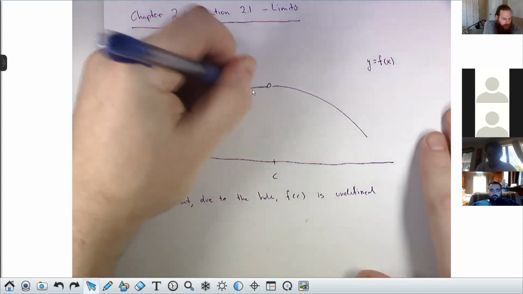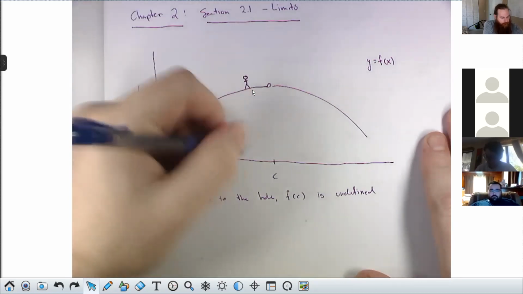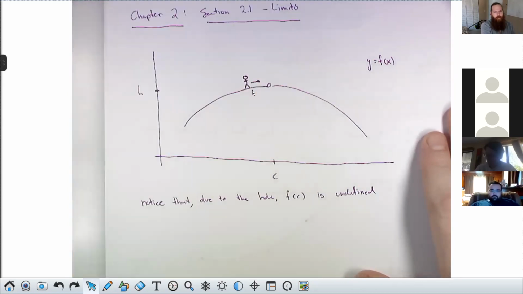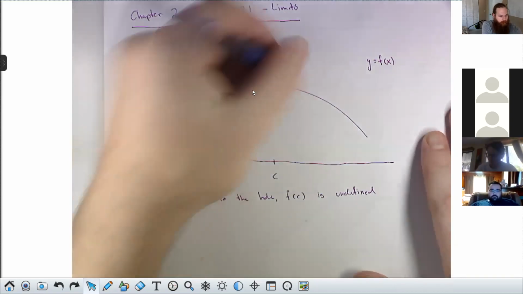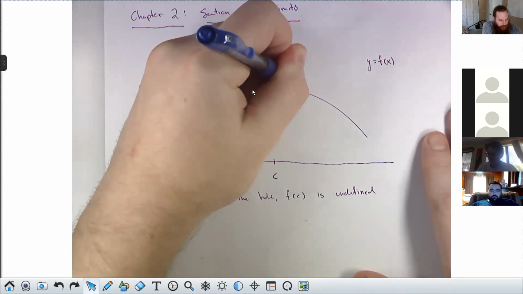But if you imagine a little dude walking along this graph, getting closer and closer and closer to that x coordinate, you can ask yourself, what would his y value be getting closer and closer and closer to?